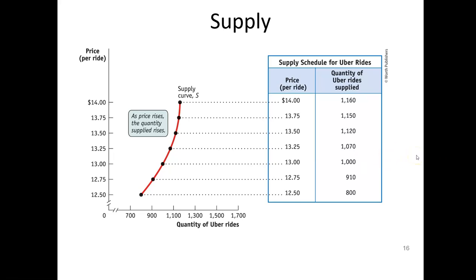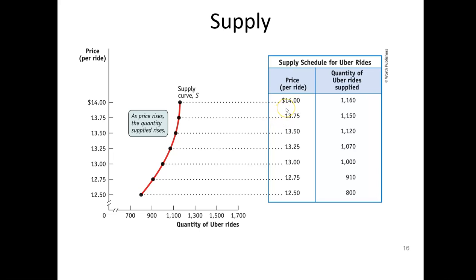Well, if the current price of Uber rides was 12.50, but then something happened where the price went up to like $14, you might say, well, I'm not going to become an Uber driver, or I'm going to drive less, right? I'm going to be willing to produce less or work fewer hours at 12.50.